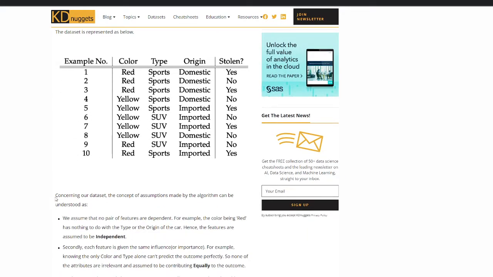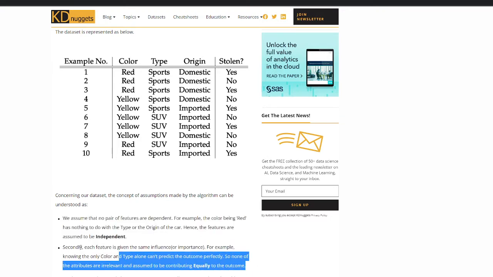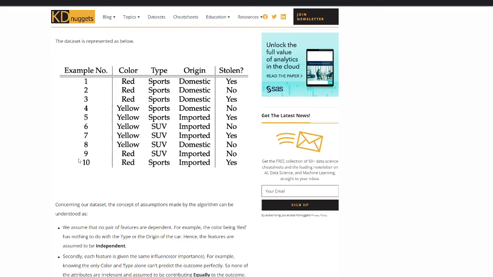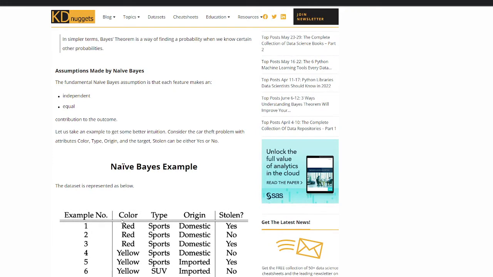Concerning our data set, the assumptions made by the algorithm can be understood like this. Let's think about independent and equal. So why is it called naive? Remember, in real life, the features are actually related to each other. They are dependent on each other. It's really rare in real life to be independent of the colors. Some people like red, some people like yellow, but maybe black is more popular.